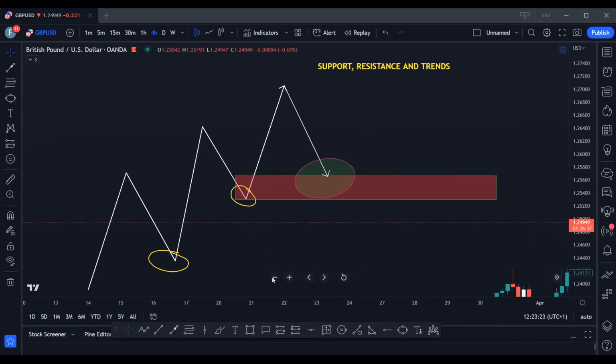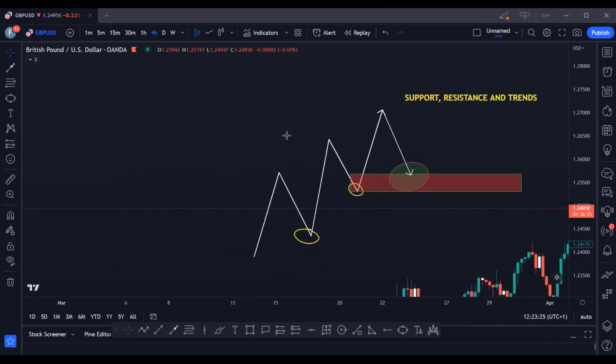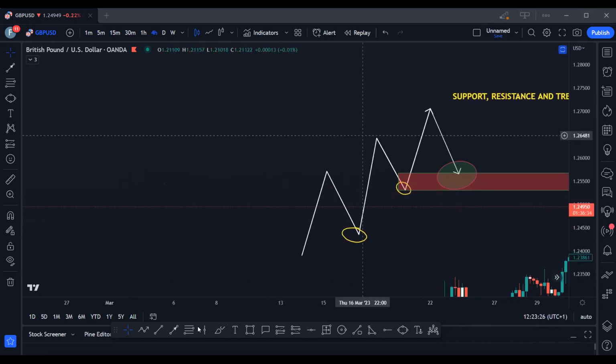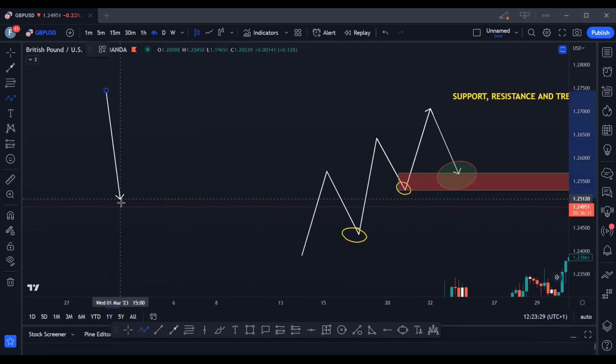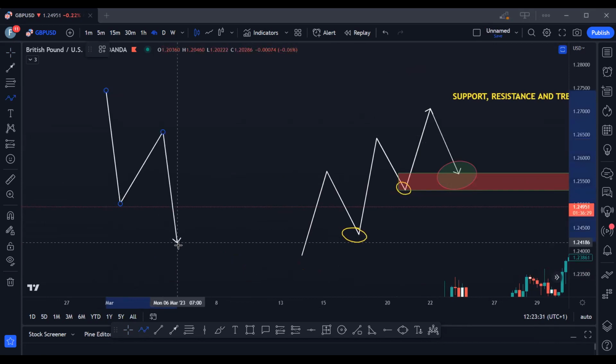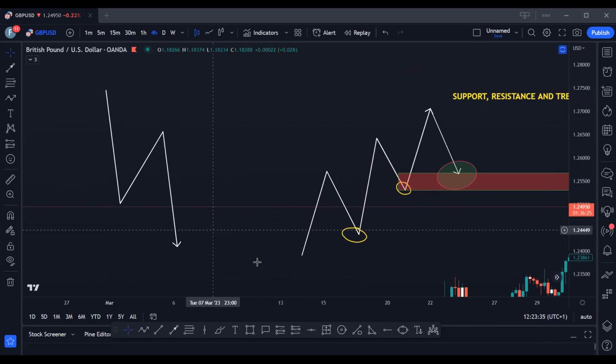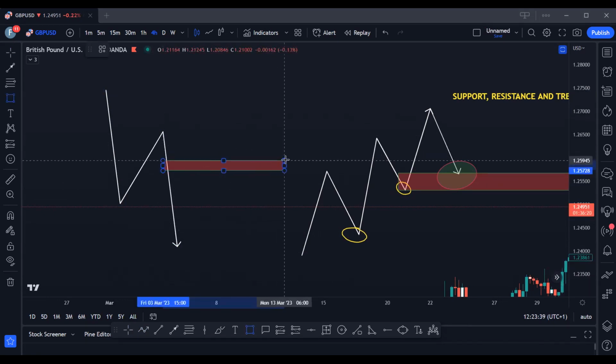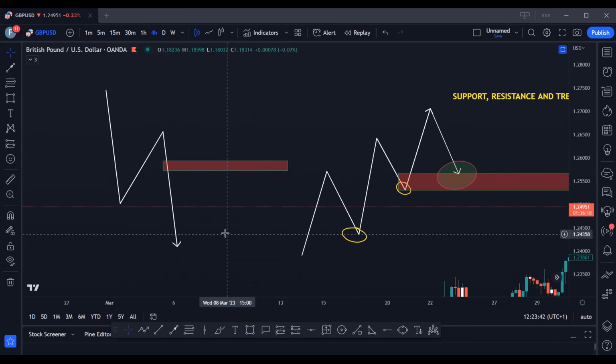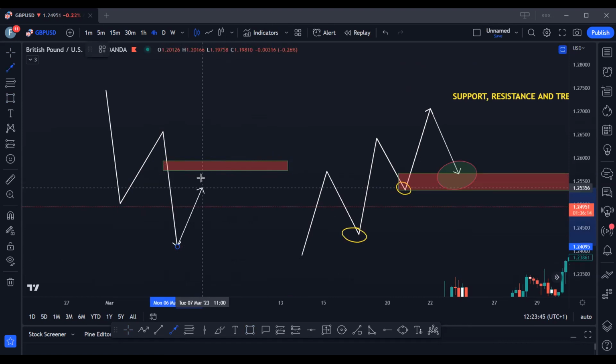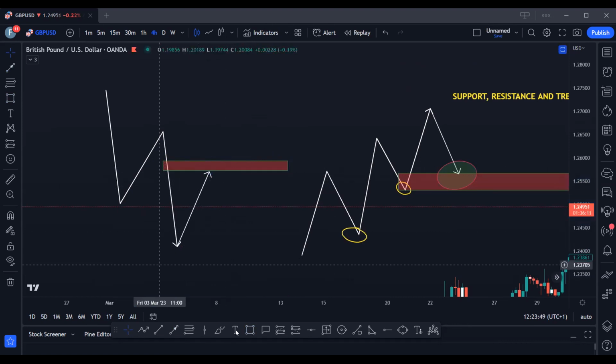In a downtrend, we have impulse and correction like this. If you see that price is in a downtrend, you want to look for selling opportunities in an area of resistance. You want to wait for price to retrace or correct into a resistance before you start looking for selling opportunities.